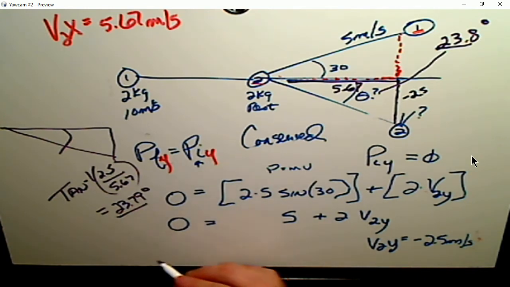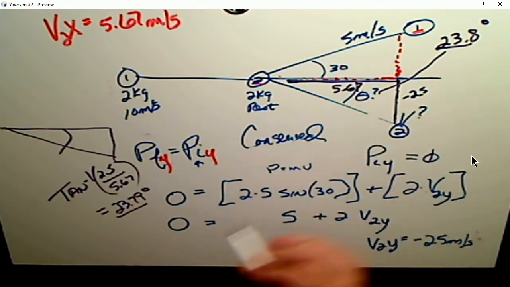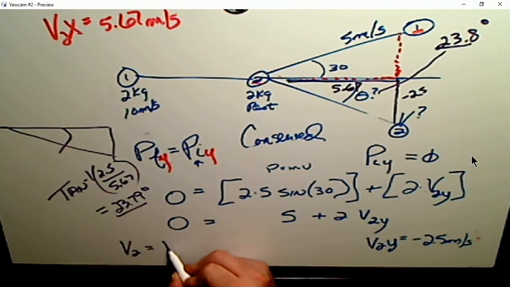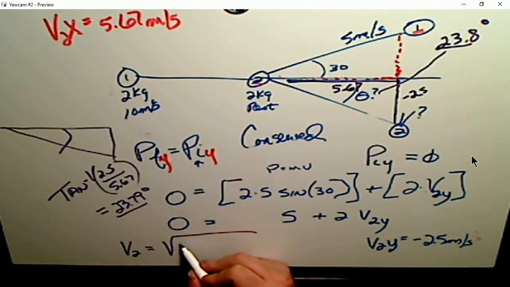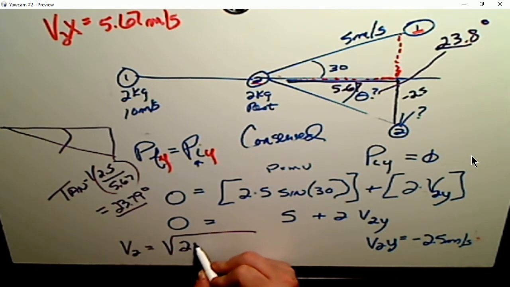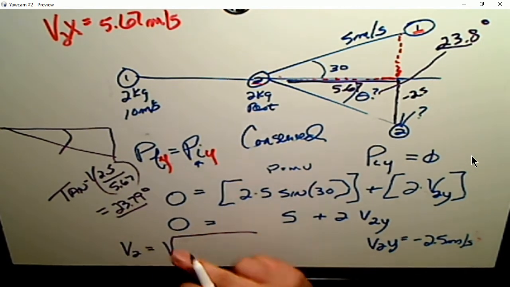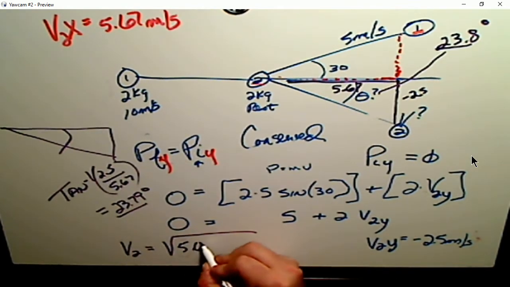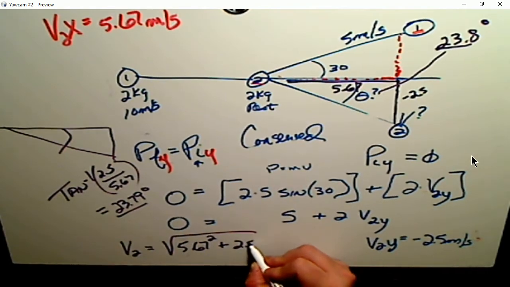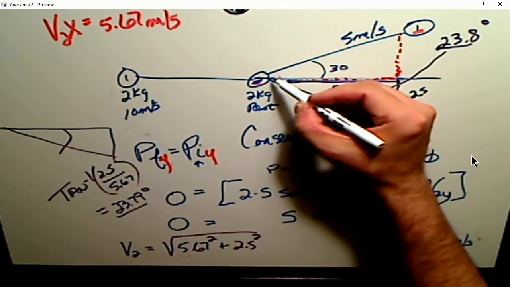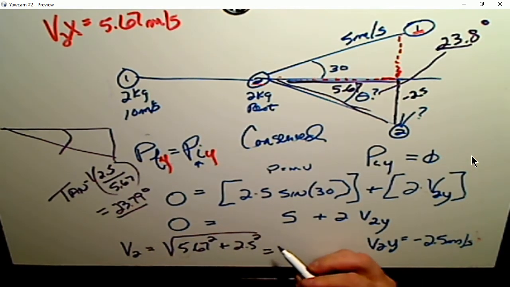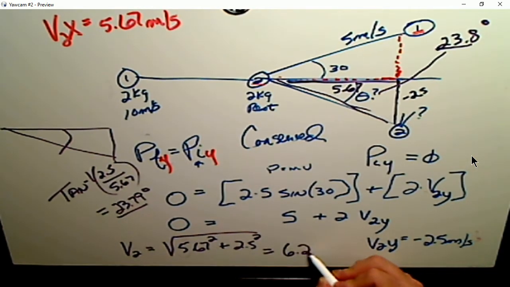So, what is the velocity of ball 2? Well, if we have both components, we can do 5.67 squared, starting with the x, plus 2.5 squared to give me the magnitude of this velocity. And the answer then would be about 6.2 meters per second.